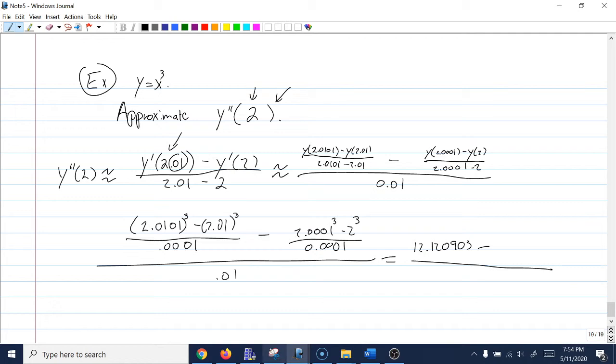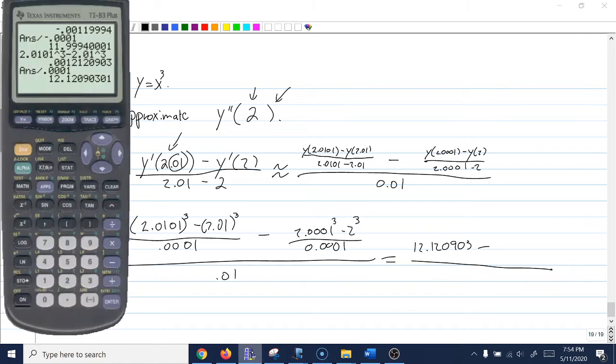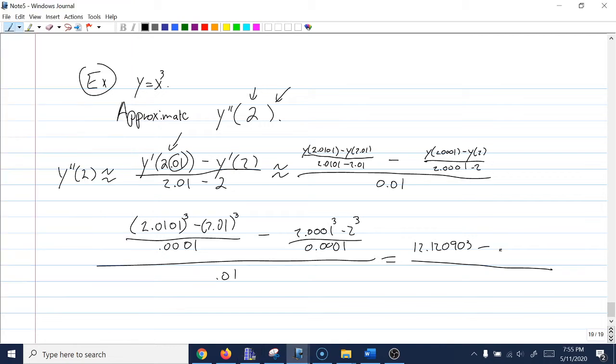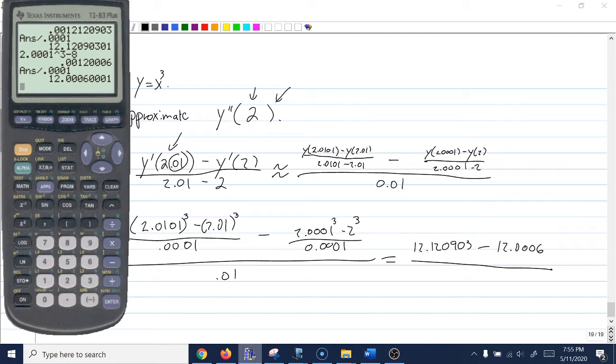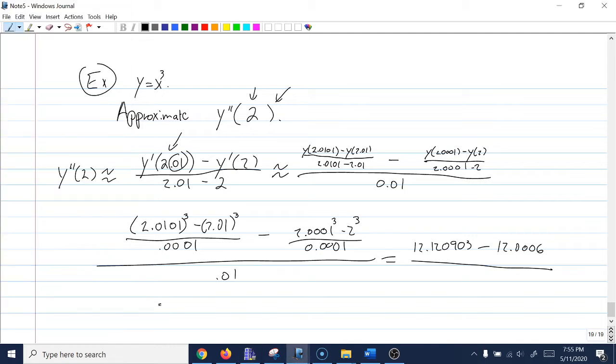That's the first part of this. Okay, and now what is 2.0001 cubed minus 2 cubed? I can do that, 2 cubed is 8, and divide that by 0.0001, and this time I'm getting 12.0006. More zeros after that. Subtract these and divide by 0.01.